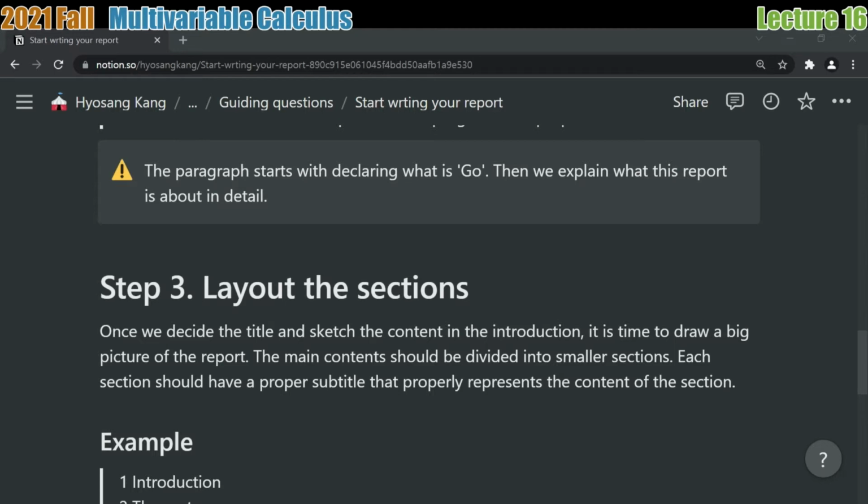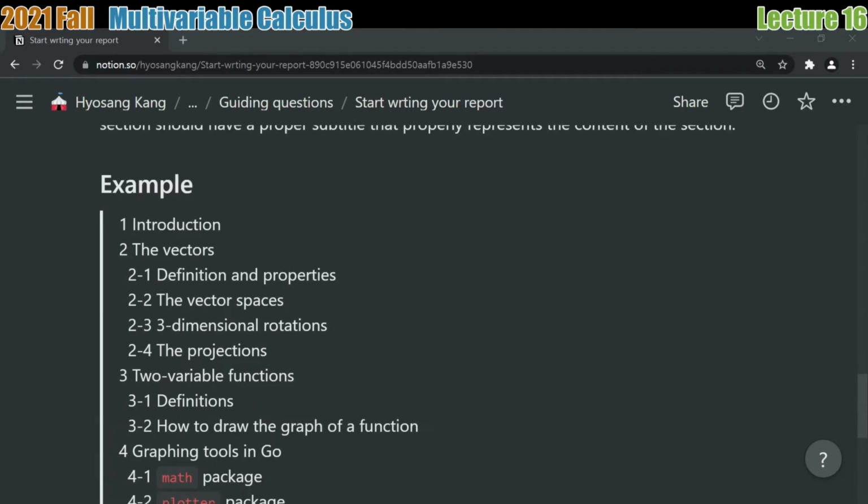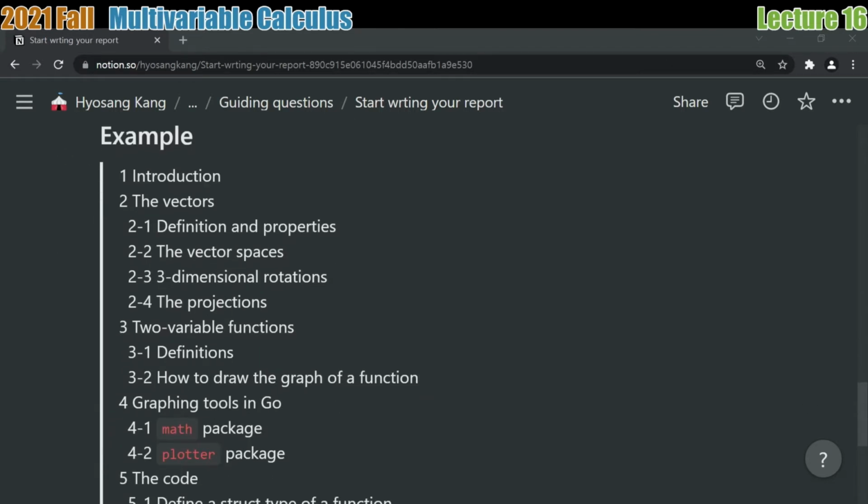So once you wrote the introduction, you should start with laying out the sections, not starting with filling in the content of each section. So laying out the sections means that you give a title and the order of these sections. For example, I wrote the introduction. You can add more, or the introduction could have more sections in it, but I made a one-paragraph introduction.